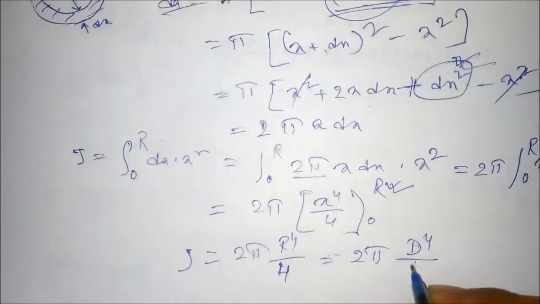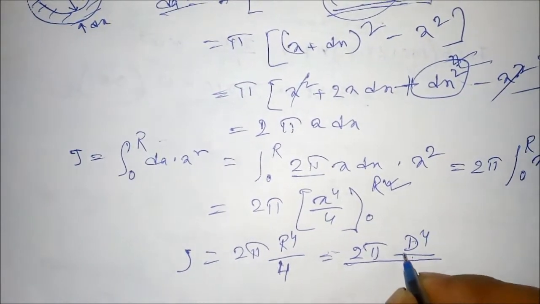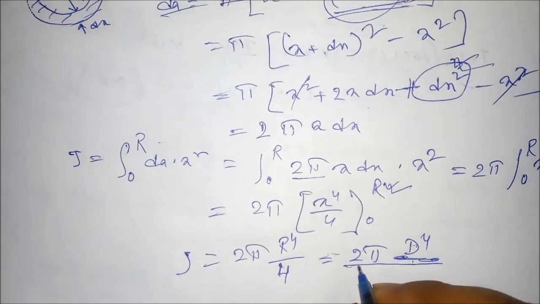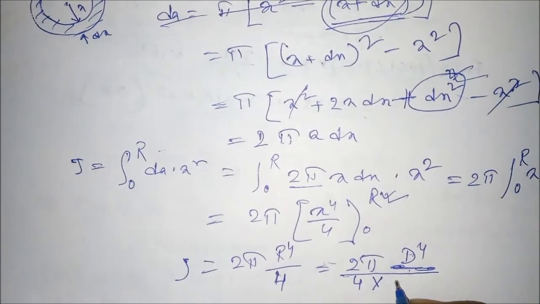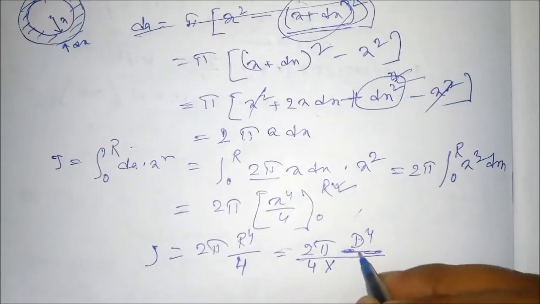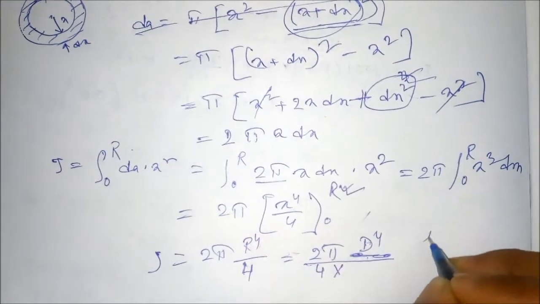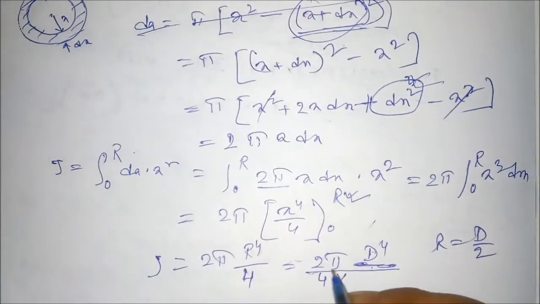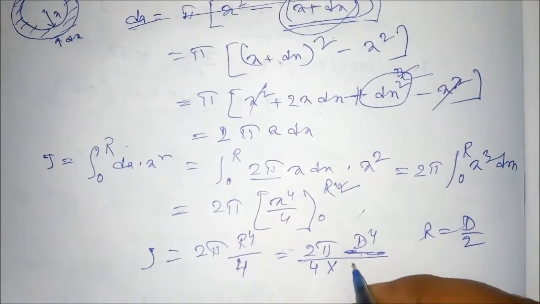Here r will be equal to d by 2, so we get d to the power 4 divided by 2 to the power 4, that is 16.